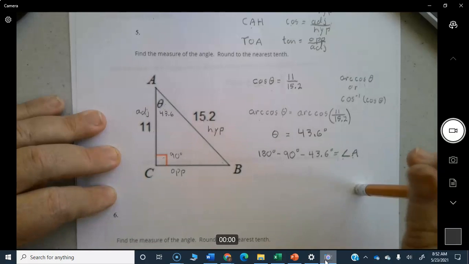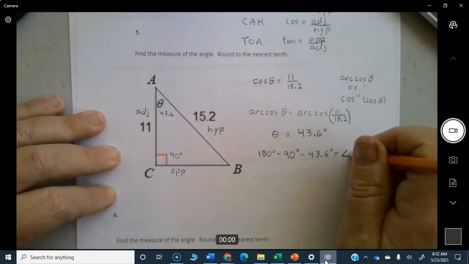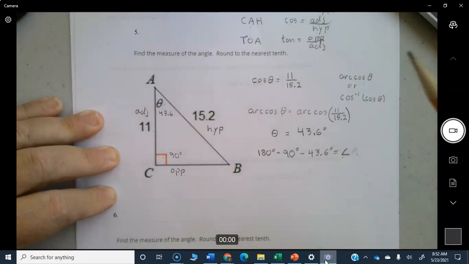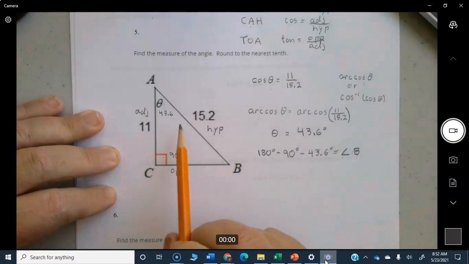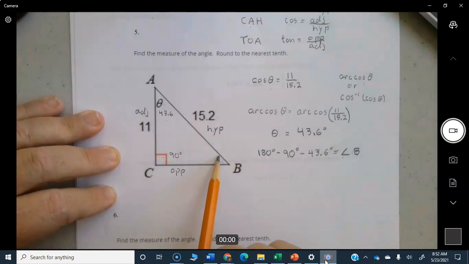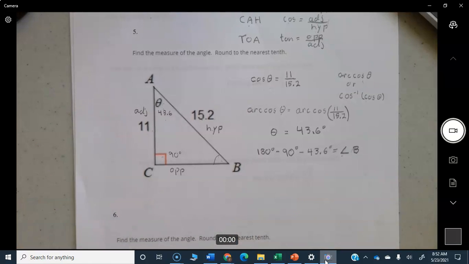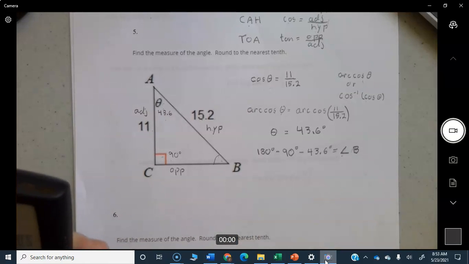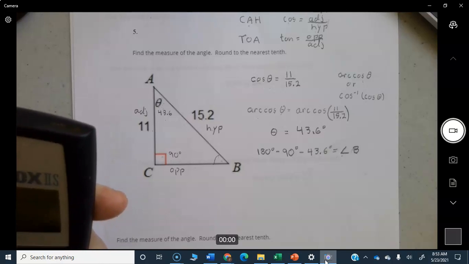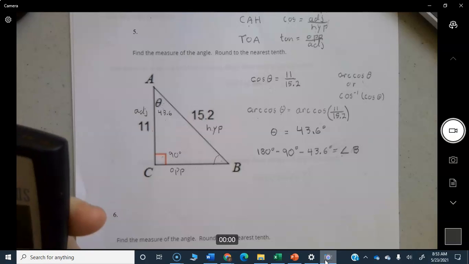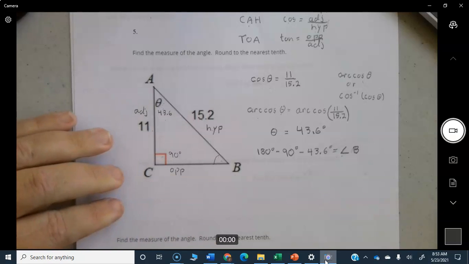It's actually angle B in this case. We found angle A. That was the 43.6. Okay, so it's angle B. Okay, so 180 minus this will give us this right here. So we'll go ahead. I'll just do that on my handheld calculator. 180 minus 90 minus 43.6 equals, and that gives us 46.4.